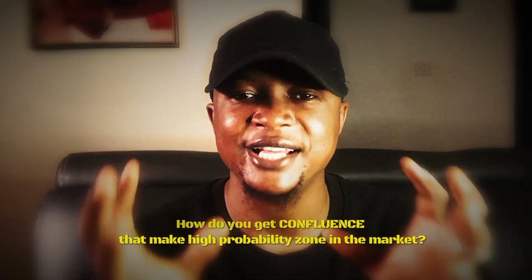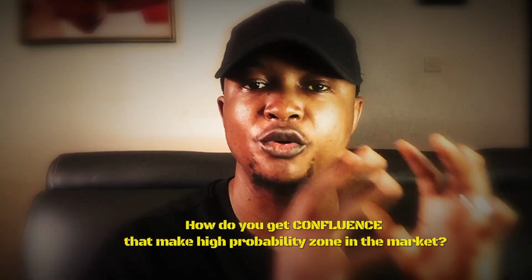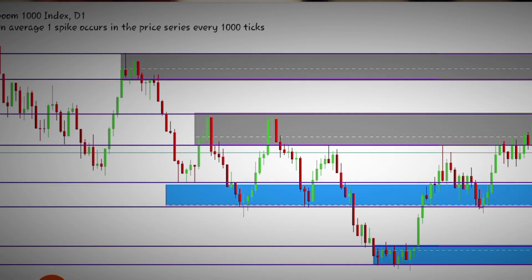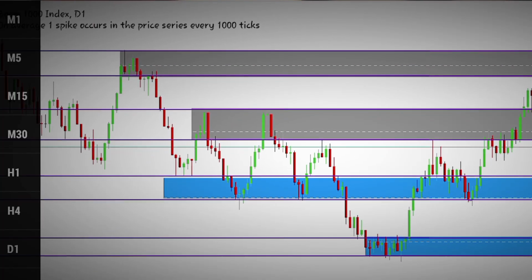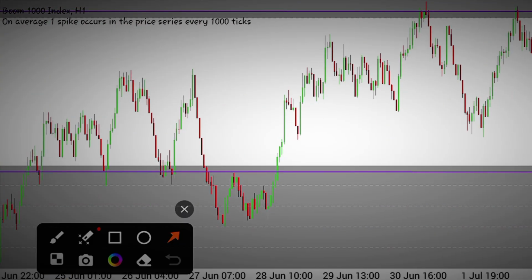Now, how do you get your confluence that gives you the high probability zone in the market? So you start with your higher time frame, which is either your daily time frame or the 4 hours time frame. So on your higher time frame, you mark your major supply and demand zones first, and then you come back to your lower time frame, which is either your 1 hour time frame, 30 minutes time frame, or the 15 minutes time frame.